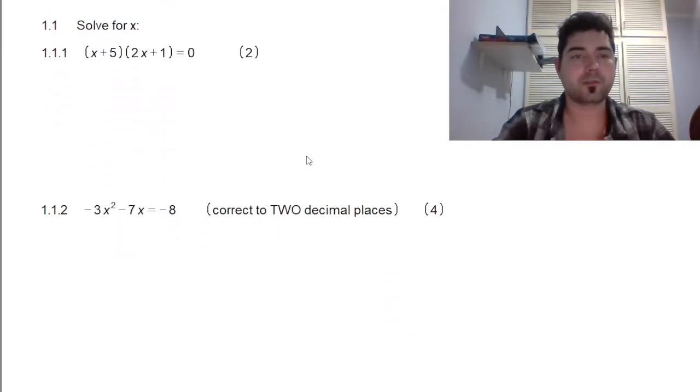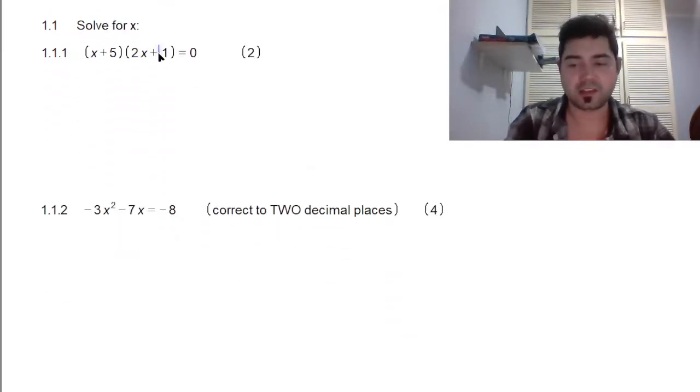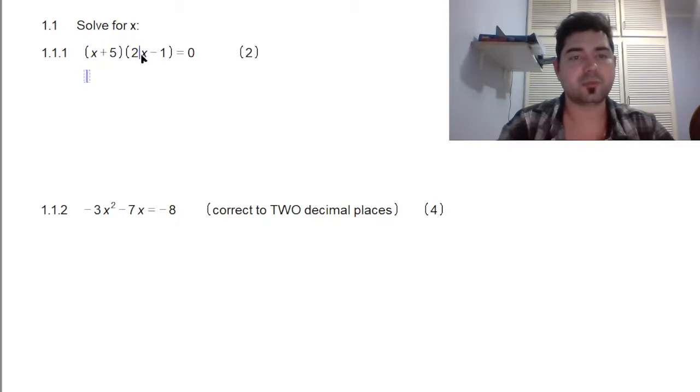Okay, the first one, 1.1, you'll see here that we've got this pair of binomial factors. We should be very used to seeing this by now. And also, it's already factorized and it's equal to 0, which is very important. If it's equal to 0, then it's what we call a zero product, and it means that we can separate those equations.